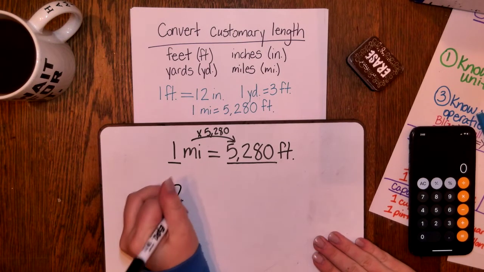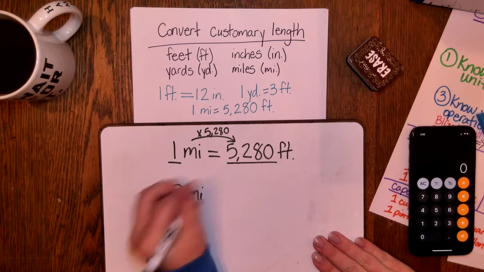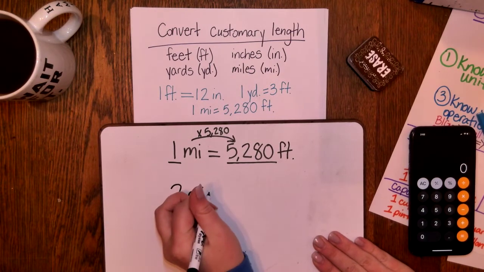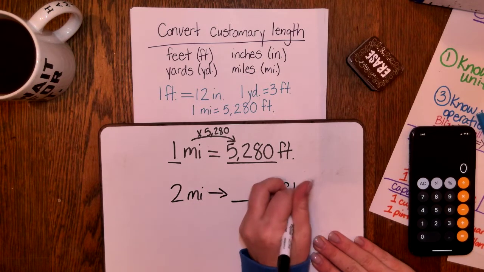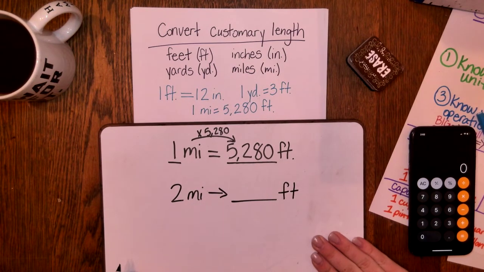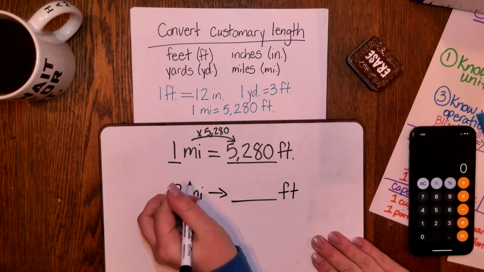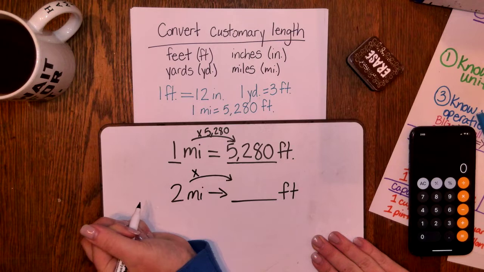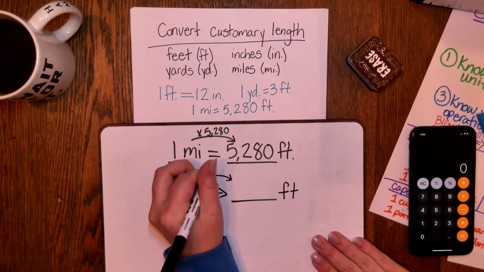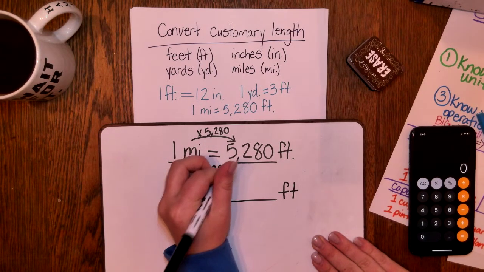If I have 2 miles and I want to know how many feet that is, what am I going to do? I'm going to multiply by 5,280.